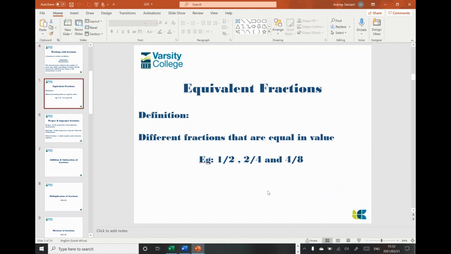You can see this has 4 pieces, this has 2 pieces only. Then we have 4/8, which is also half, and we could go on and on: 8/16, 16/32, literally on and on.